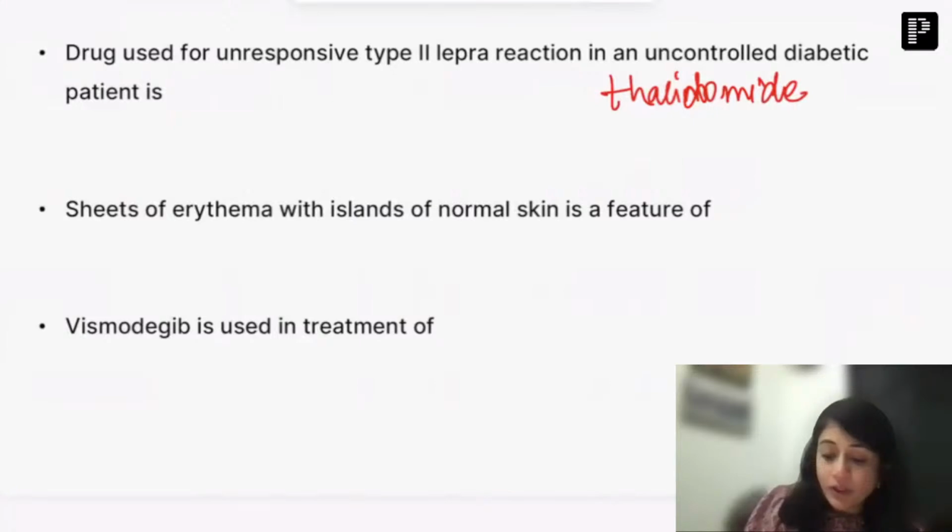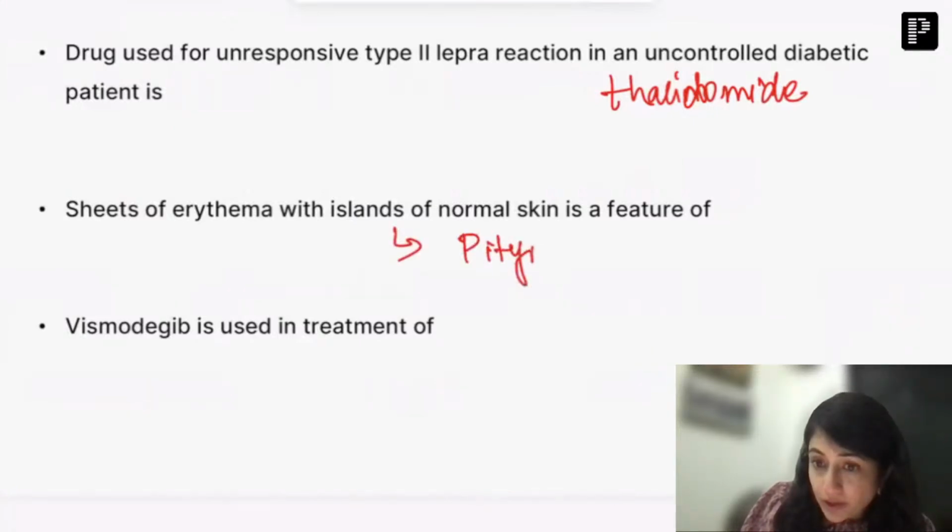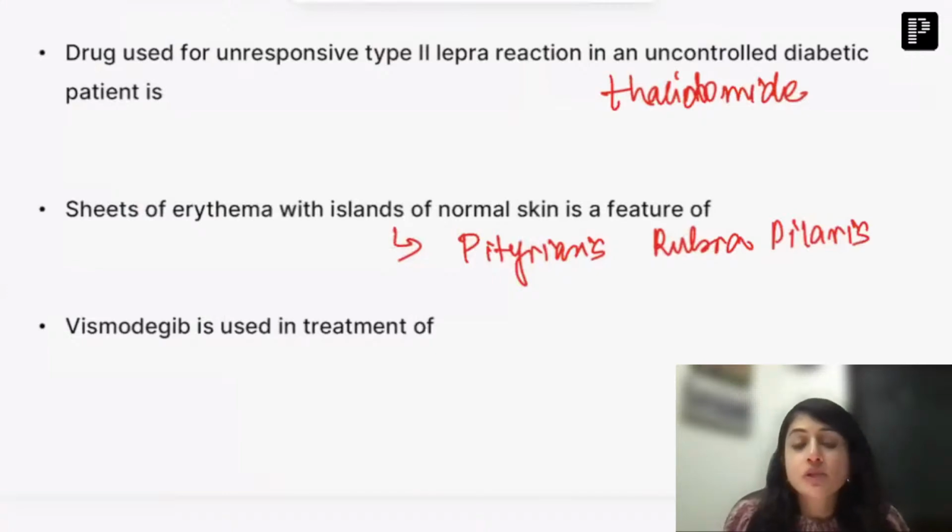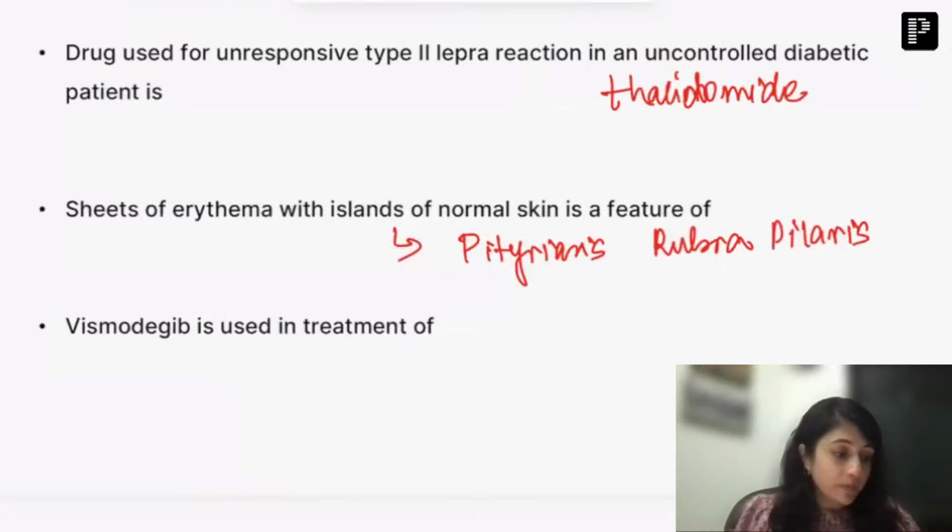Sheets of erythema with islands of normal skin is a feature of pityriasis rubra pilaris. I'm answering that for you. PRP is a papulosquamous disorder which presents with sheets of erythema with islands of normal skin. Where do you use vismodegib?